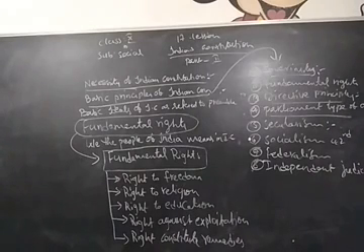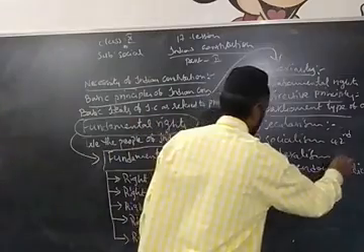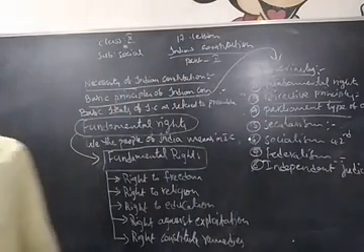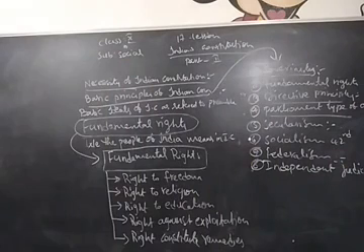Next one is federalism. The Constitution provides a federal structure. The powers are specifically divided between the central and state governments. So, a specific structure is there, and the power is divided between two categories: central powers and state powers.